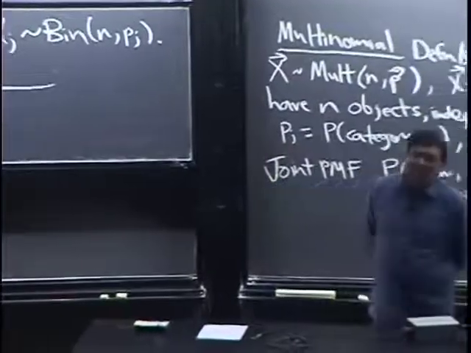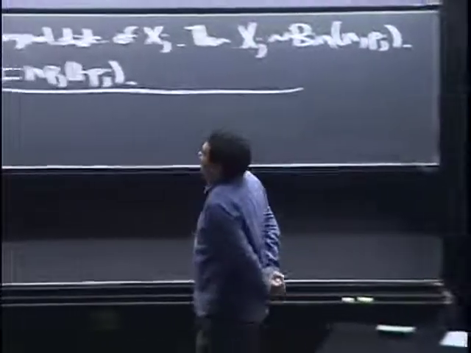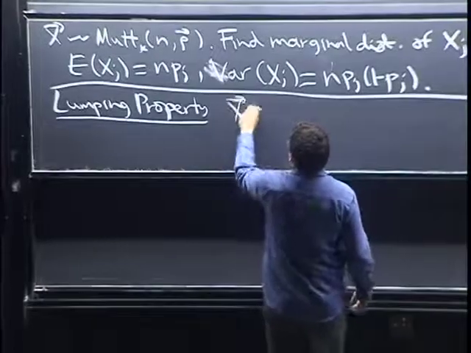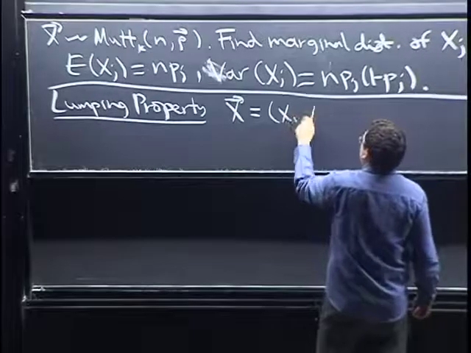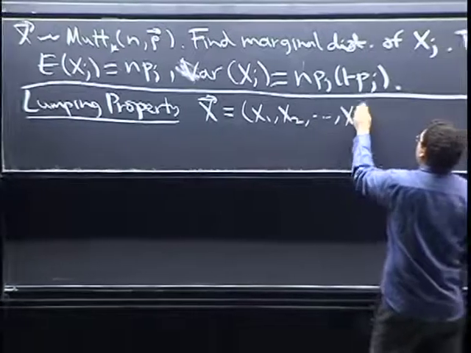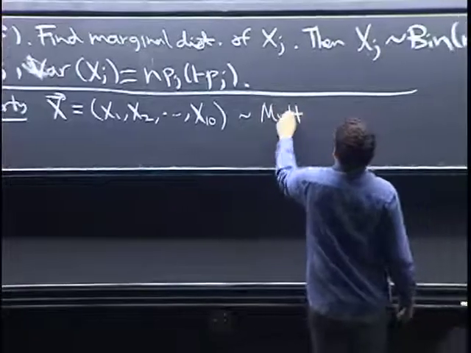Just to have an example in mind, let k equal 10, so we're thinking of X as a vector X1 through X10, and this is multinomial(n, p1 through p10).